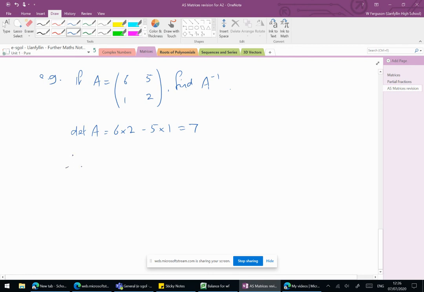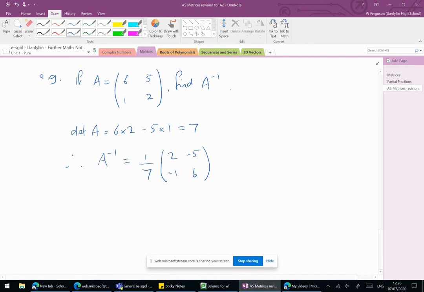And then once I've done that, it's very straightforward just to get the inverse. I can just write that down now. A to the minus 1 must be 1/7. And then swap around the 6 and the 2. So we've got a 2 and a 6 in that leading diagonal. Change the sign of the other two entries, -5 and -1, like that.